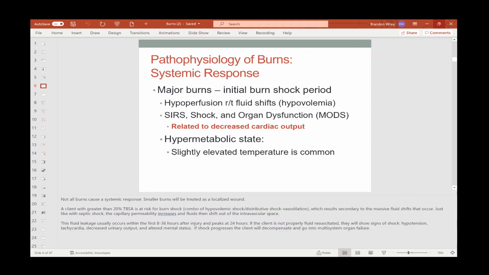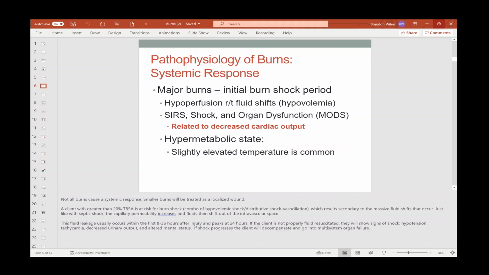If you have a large part of your body that has these burns, typically the top layer is not an issue. It's when you get into that dermis and subcutaneous tissue that you start having the bigger issues of fluid and electrolyte imbalances.